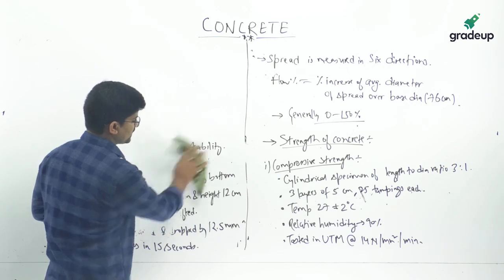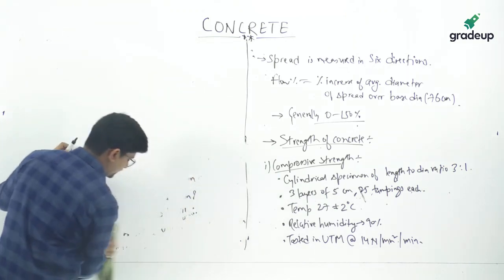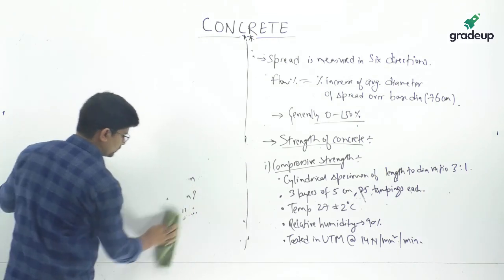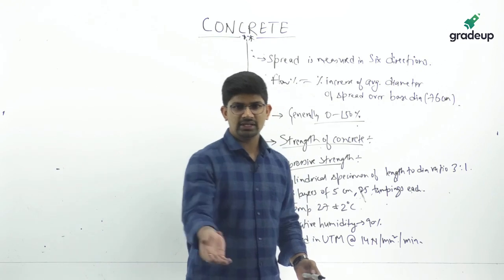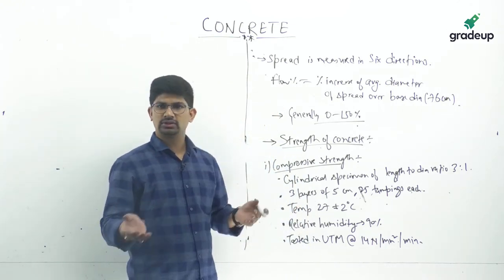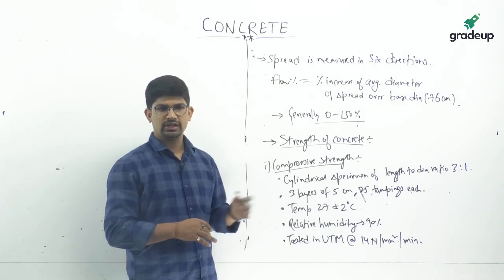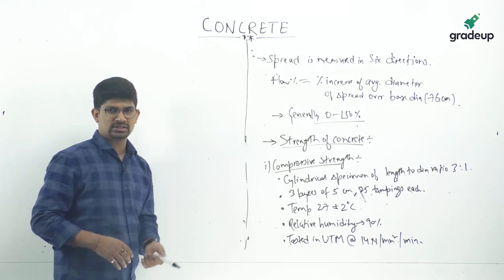At various days the strength can be calculated. So at 3 days, 7 days, you will construct several samples. At 3 days you will take a sample, at 7 days you will take another 3-4 samples and take the average values, and at 28 days you will take a sample. So that will give the 28 days strength.